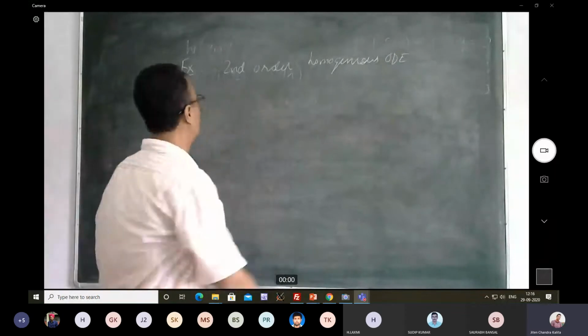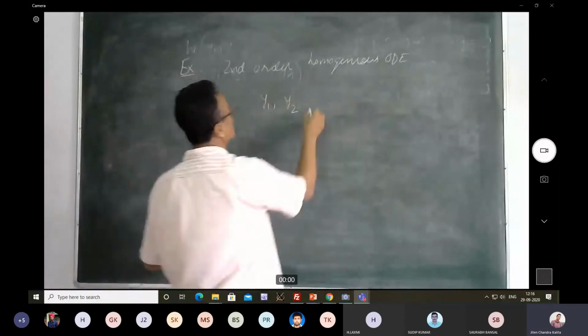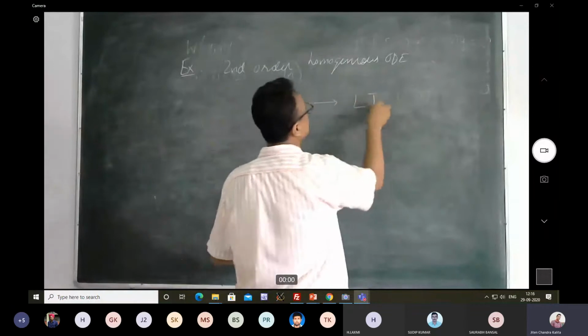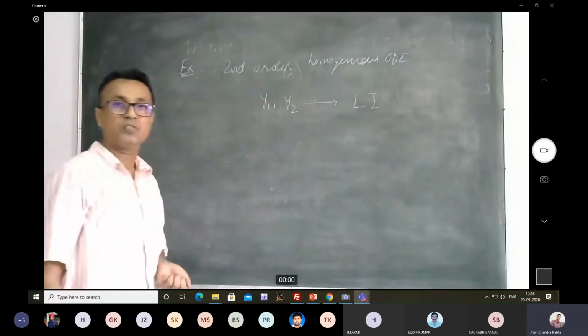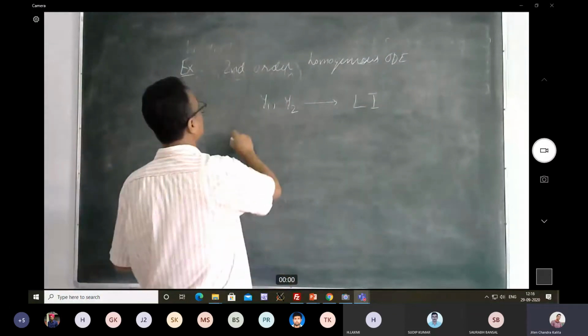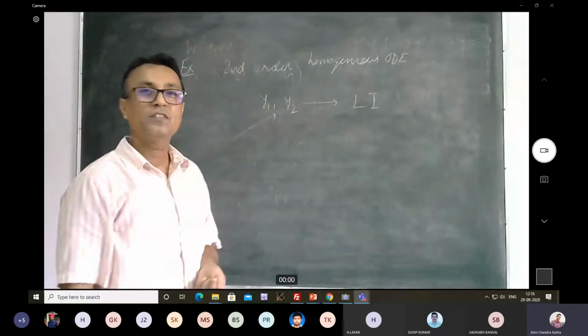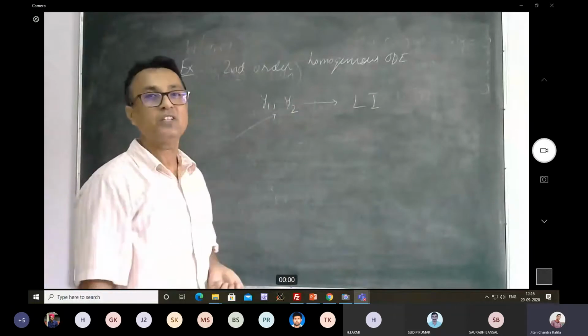Okay, fine. And suppose y1 and y2 are linearly independent solutions of this equation. So then, can you tell me why y1 and y2 cannot vanish at a common point?